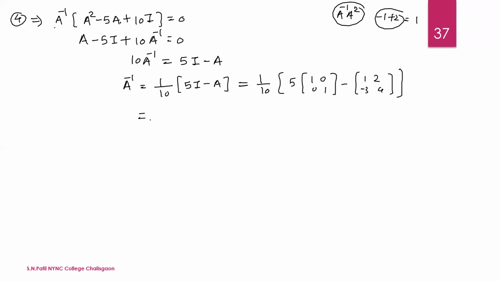That is 1 upon 10 times 5, 0, 0, 5 minus 1, 2, minus 3, 4, equal to 1 by 10 times: 5 minus 1 is 4, 0 minus 2 is minus 2, 0 minus minus 3 is plus 3, 5 minus 4 is 1.